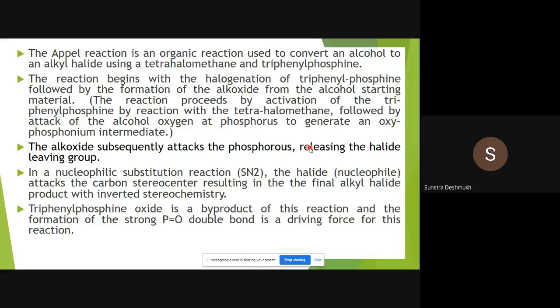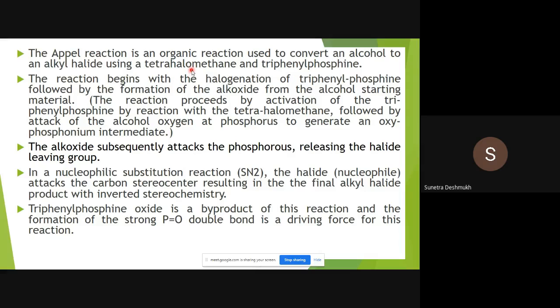As we use tetrachloromethane and triphenylphosphine, there will first be a reaction between these two reagents. Whatever intermediate comes out of this reaction, we can then utilize for the next conversion. So the reaction begins.